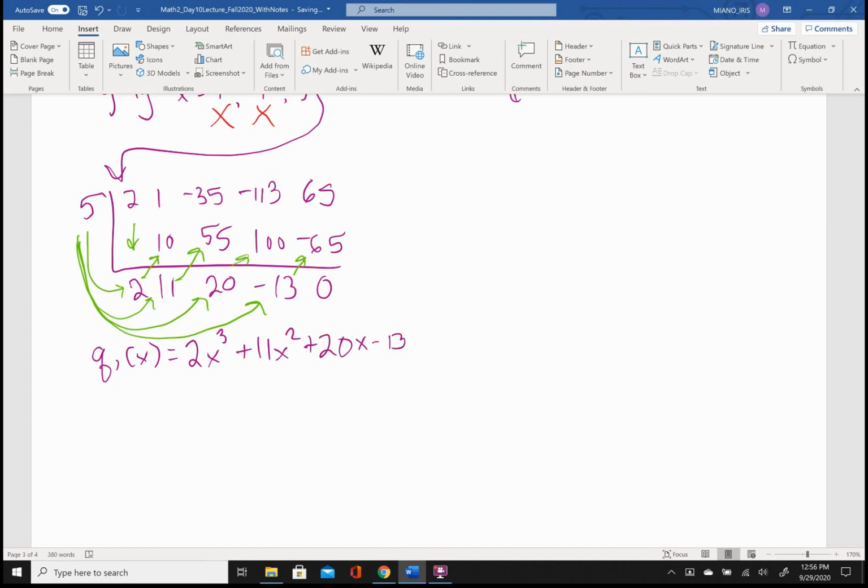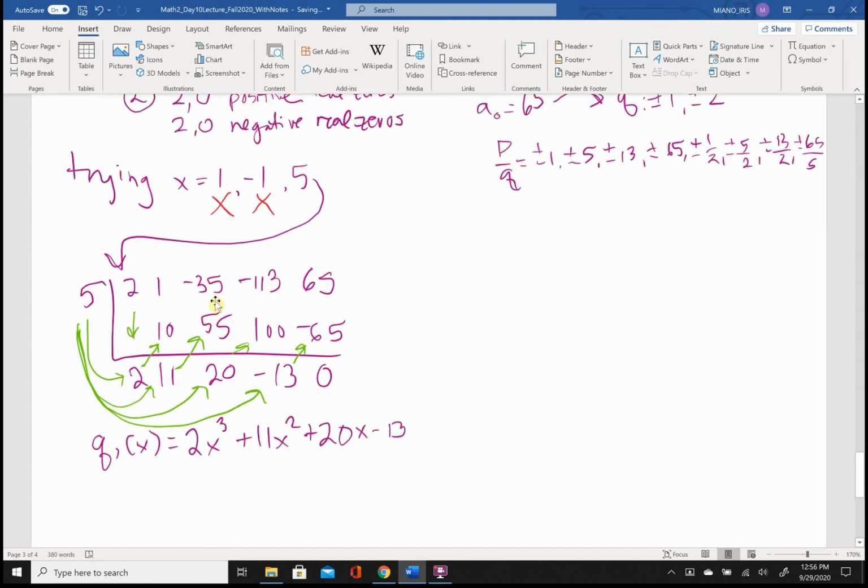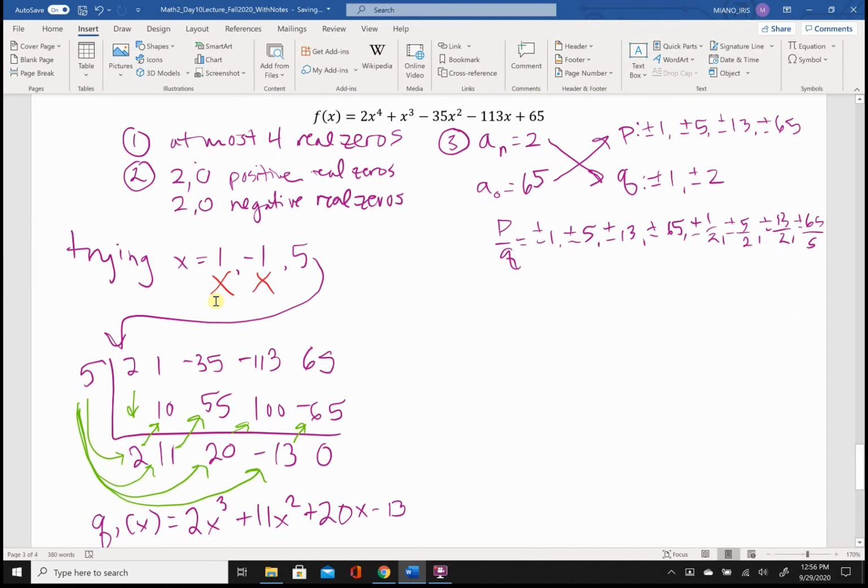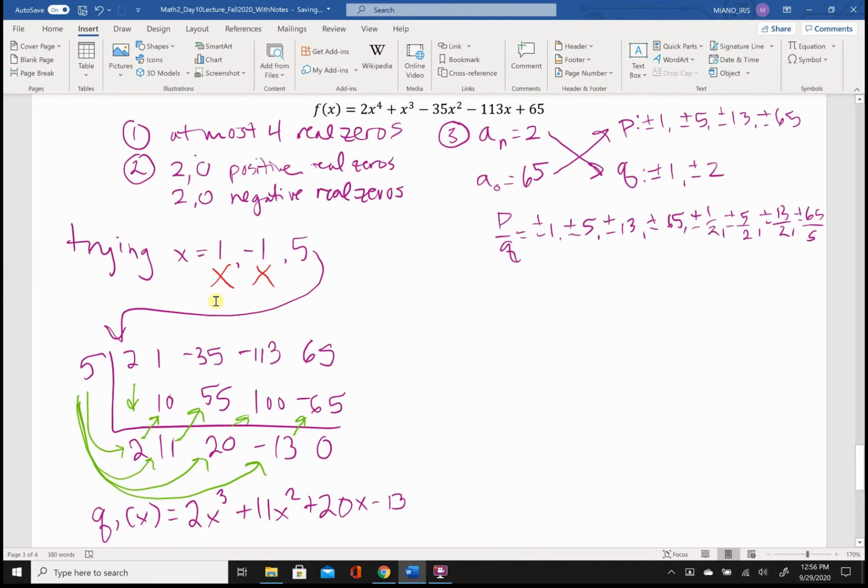So from here, we need to go into a reiteration of what's going on with the P over Q ratio, but we get to really just shave off some things because we have similar numbers for the leading coefficient, and now it's not 65 as the constant term anymore, but 13, which is a factor of 65. So really we could just take off the 65 here, right?